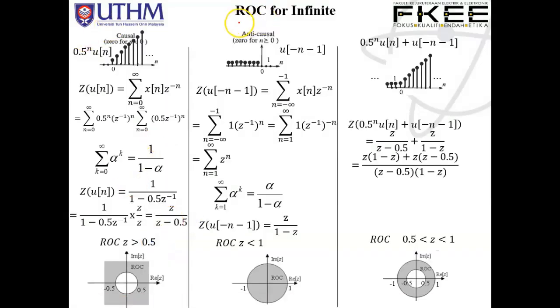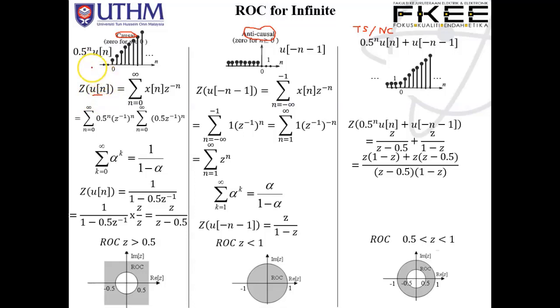Okay, so this is an example of ROC for three types of signal, where we have causal, anti-causal, and also the two-sided signal. This is the two-sided or non-causal signal. In this example, we have seen previously how to calculate the Z transform for u[n].